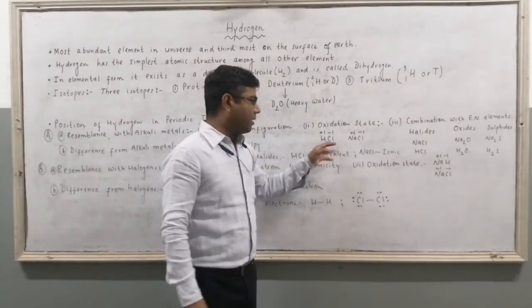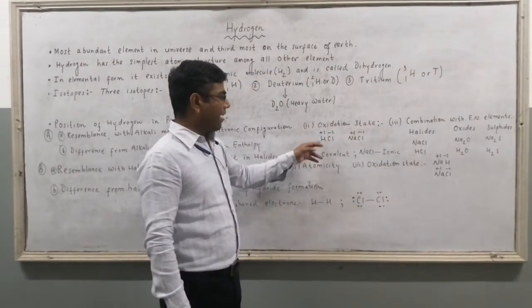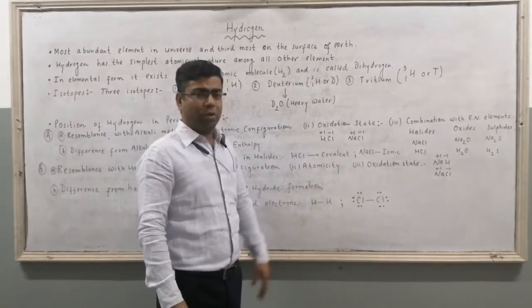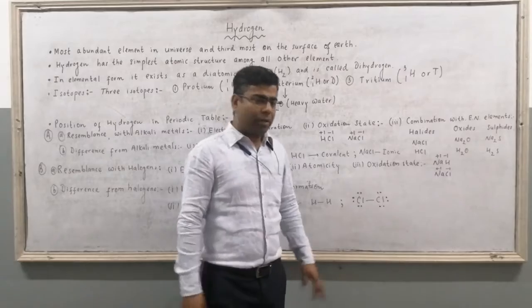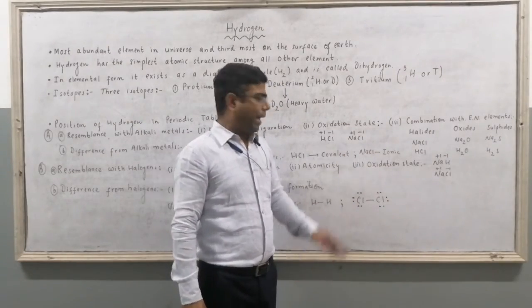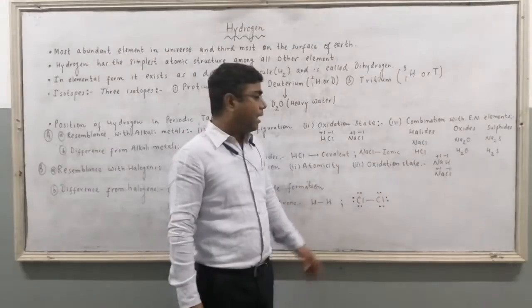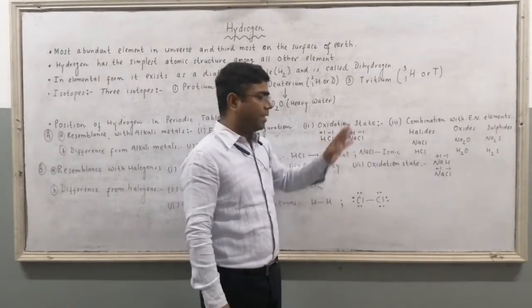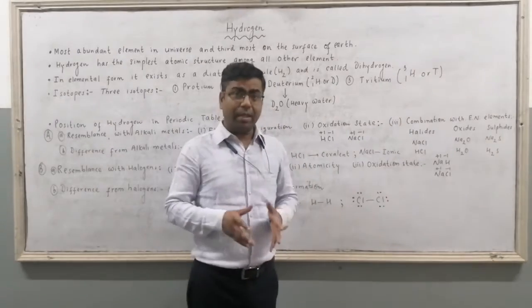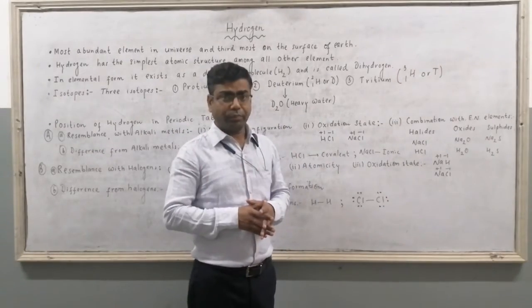Like when H combines with Cl, the oxidation state of H is +1 because the electronegativity of Cl is more than hydrogen. Now in NaCl, the oxidation state of Na is +1. So hydrogen exhibits +1 with Cl, and Na also exhibits +1 with Cl. So they resemble in their oxidation state in most of the compounds.